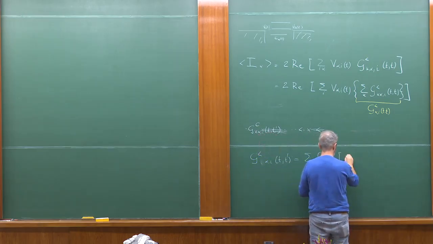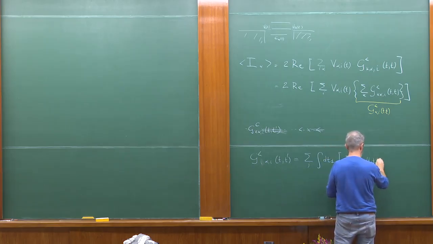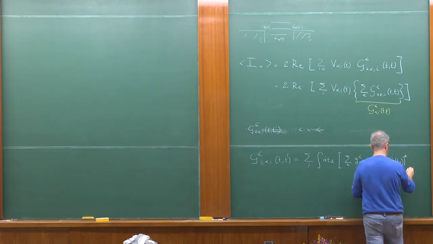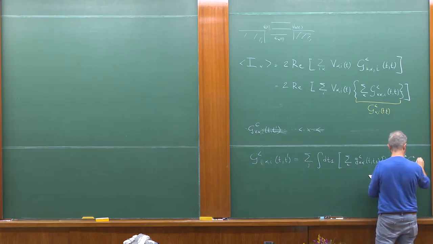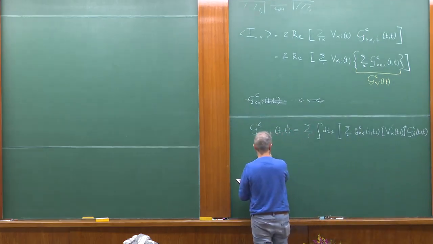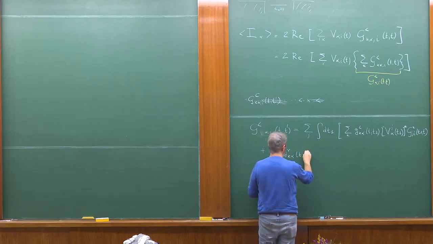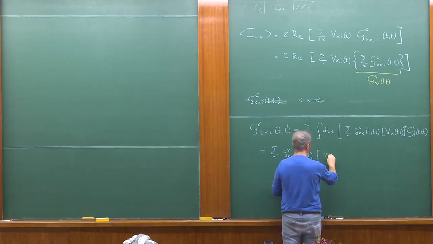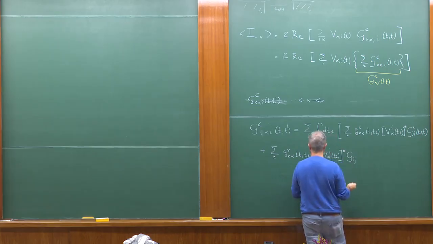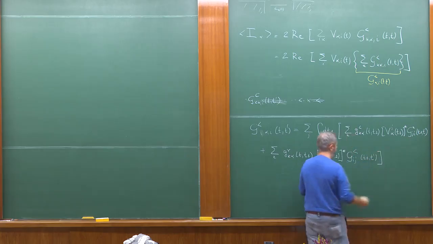And then you're going to have the sum over k of G lesser_{k alpha}(t,t1), then v_{j alpha}(t1) star, and then G advanced_{ji}(t1,t'), and then you're going to have plus the sum over k of G retarded_{k alpha}(t,t1), then v_{alpha j}(t1) star, and then G lesser_{ij}(t1,t'). Okay?